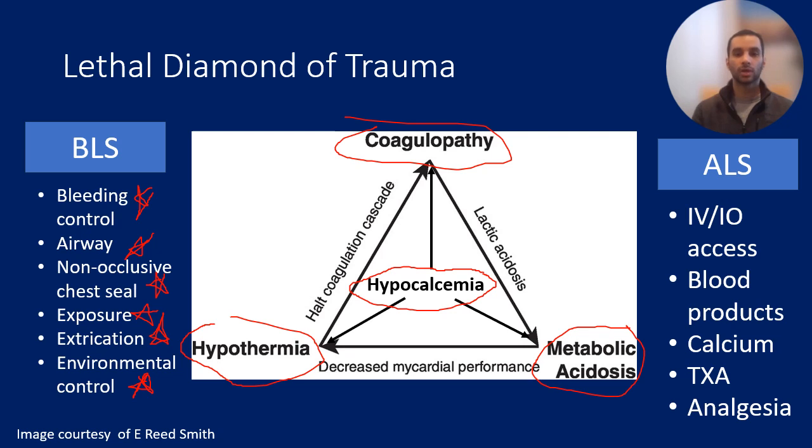The longer bleeding goes on, the more acidemic, the more coagulopathic, the more all these things get worse and worse and worse. The hypothermia worsens it all, okay? The sooner you can do these things, the sooner you could start to break this cycle until you have ALS who can get you blood and calcium and TXA and other things.